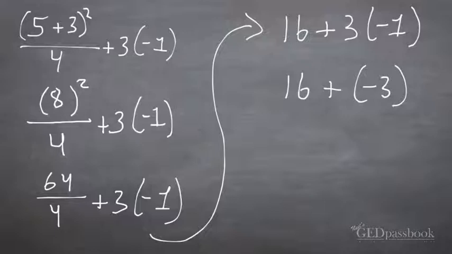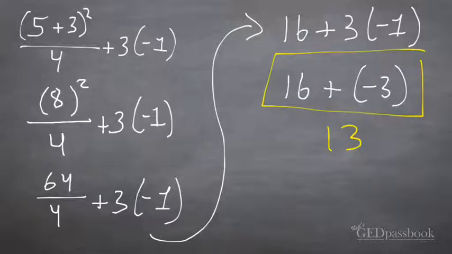So now I have 16 plus a negative 3. What's 16 plus a negative 3? Very quick, I was trying to figure out the rule. This is an addition of integers. Does anybody remember the rules for adding integers with different signs? Find the difference and keep the sign of the bigger number.